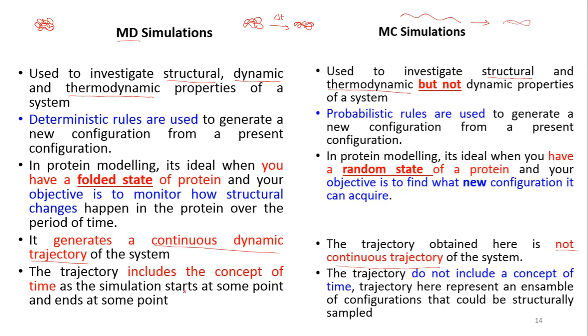Coming to the fifth point of difference, the trajectories generated during MD simulation include the concept of time. This is very important. We know that the simulation starts at some point, and after some time it would end at some point.